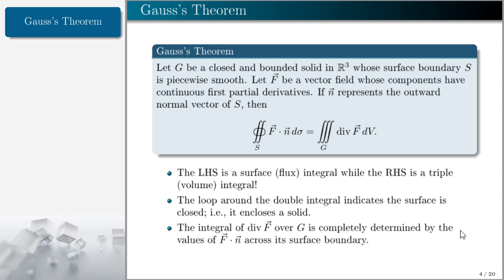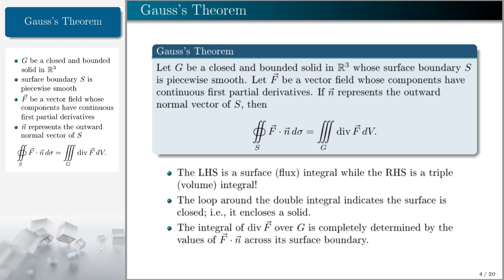Now, it's very unfortunate that we will not be able to prove this, but we are going to be giving examples for Gauss's theorem. To aid us in memorizing this theorem, I'm going to be placing this theorem on the left side of the screen.